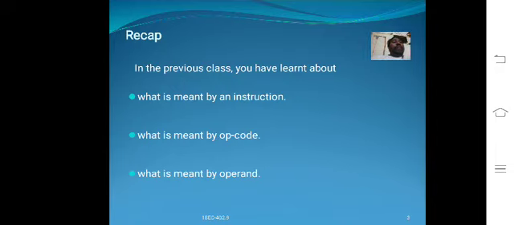Here, a byte means a group of 8 bits of binary data. In earlier classes, we already learned what a bit, byte, nibble and word are.